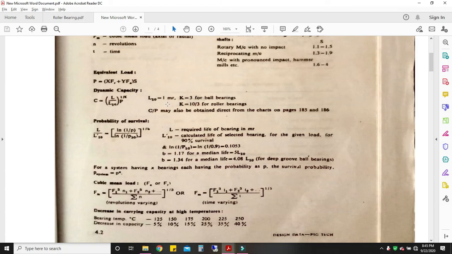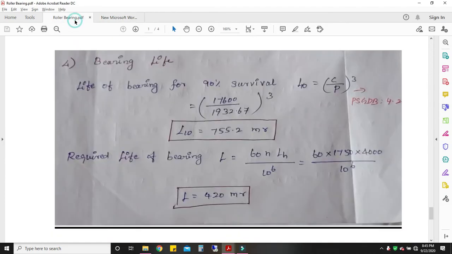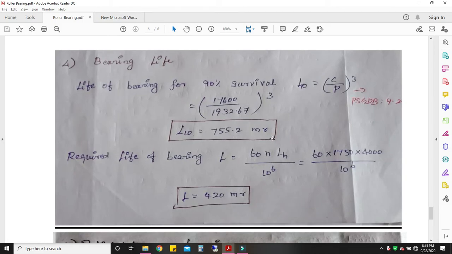In some books the K is replaced by b. By substituting all the values, L10 equals 755.2 million revolutions. It indicates 90% survival of the bearing, which means 10% of the bearings will fail, but 90% will survive after 755.2 million revolutions.